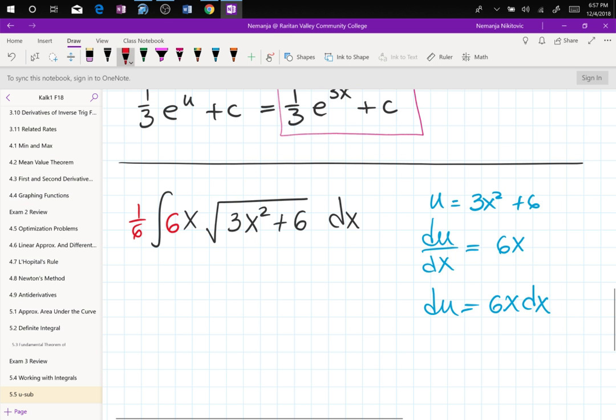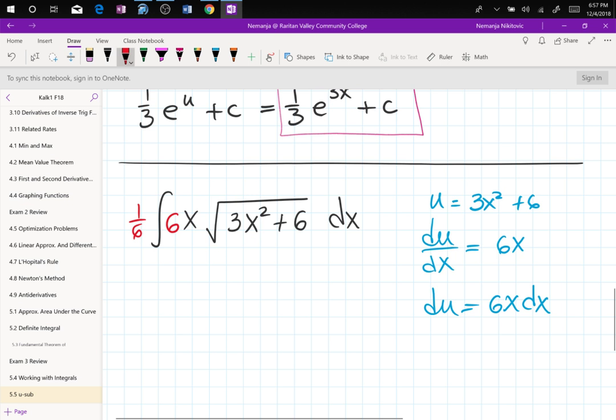I didn't sign up for gym, right? I signed up to do the problem in the least amount of steps we can. So, put the 6 in, put the 1 over 6 outside. Every time you need to fudge a constant, that's it. A number there times, and then divide the same thing outside. So now, I have my 6x dx, and that's going to replace into du, and I have root of u.